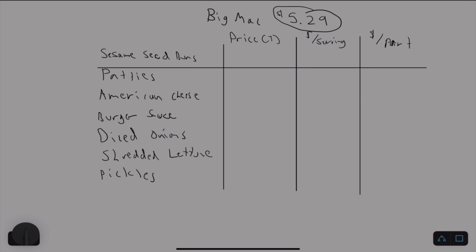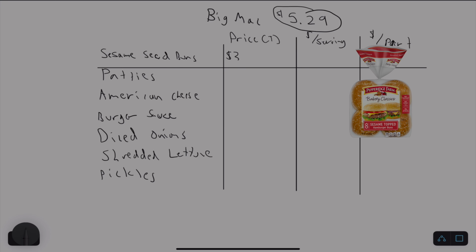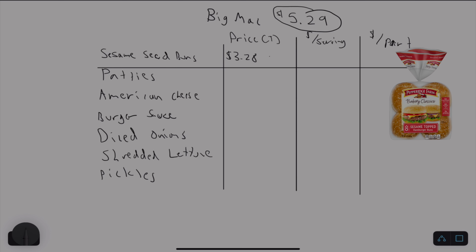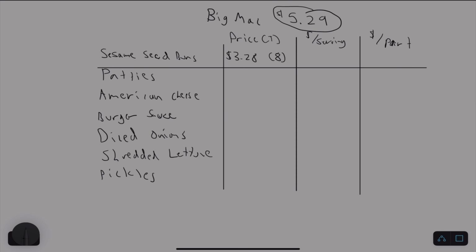Now the sesame seed buns that I have found, and actually every item that I found, comes from Walmart. Now whatever brand you get or whatever store you get it at, that will vary. But everything here is from Walmart. So the sesame seed buns I found from Pepperidge Farm, and they were $3.28 for a pack of 8.